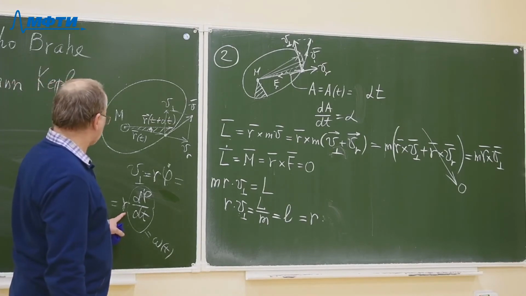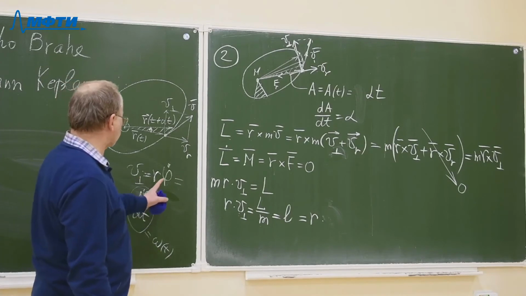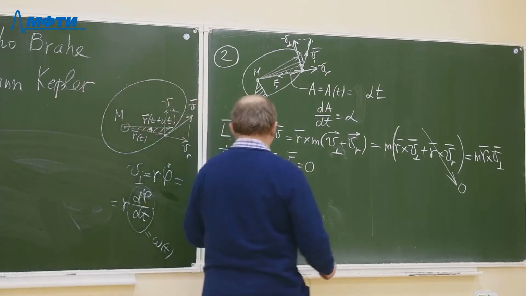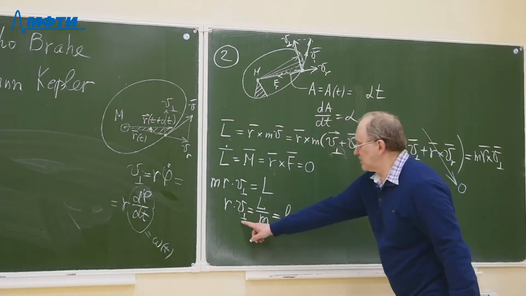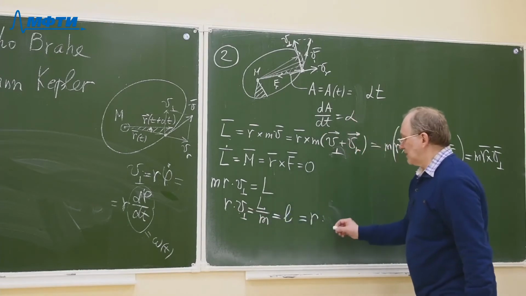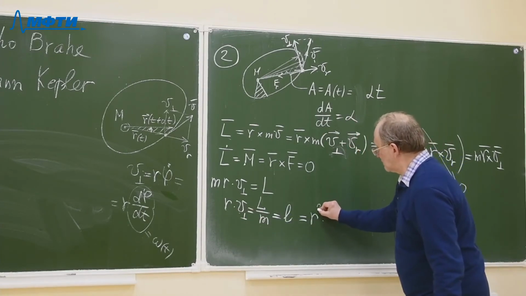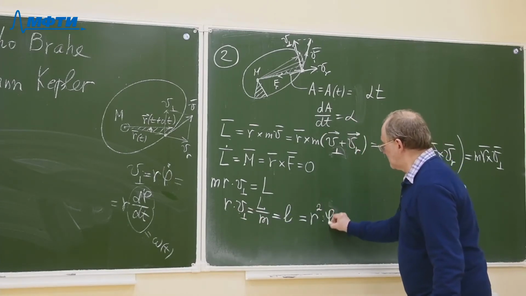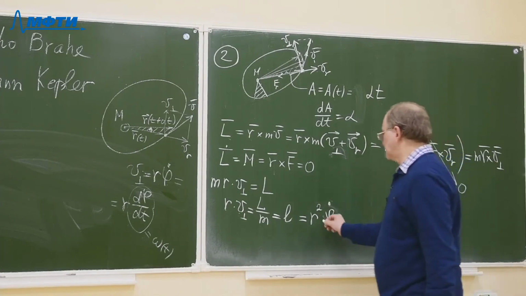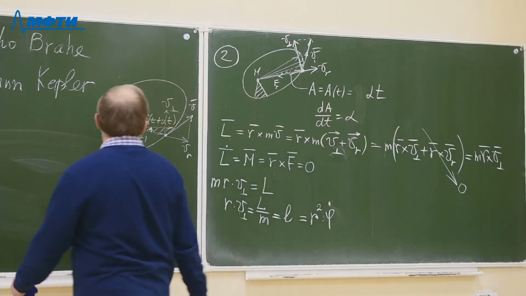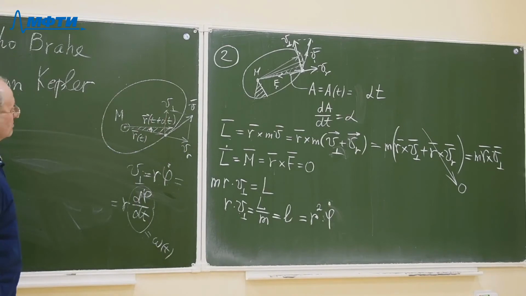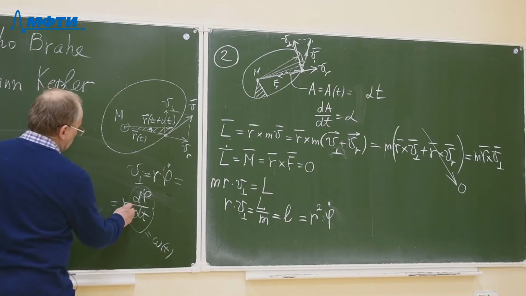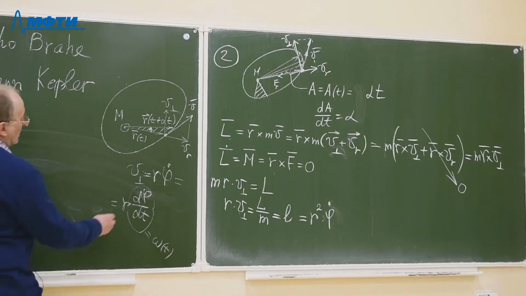So the velocity is radius phi dot, and the velocity component standing in this formula is radius, so I will obtain radius squared phi dot. What is this quantity r times d phi?